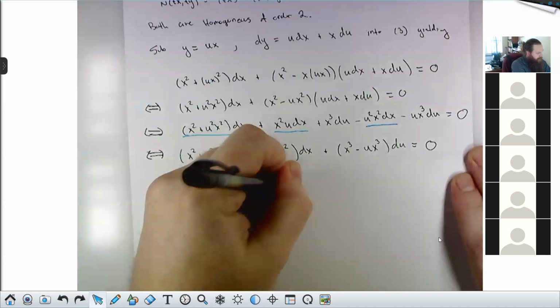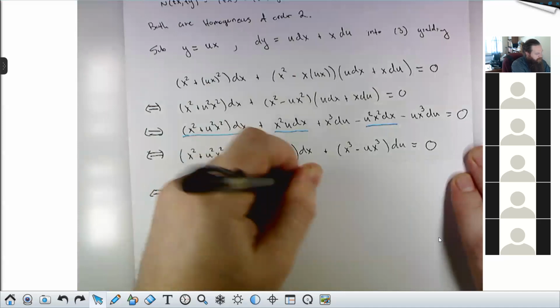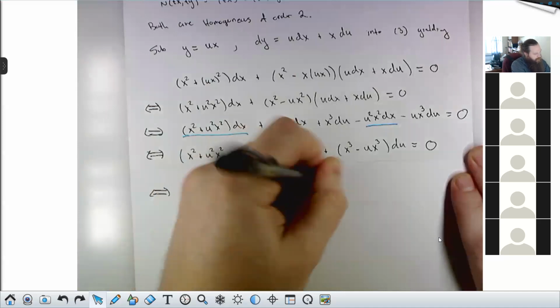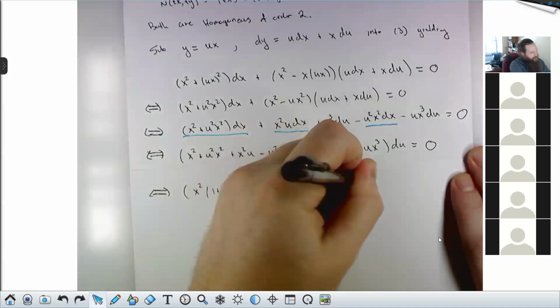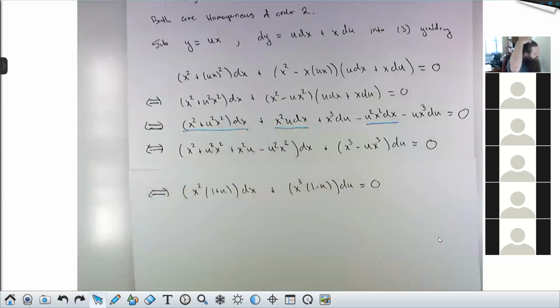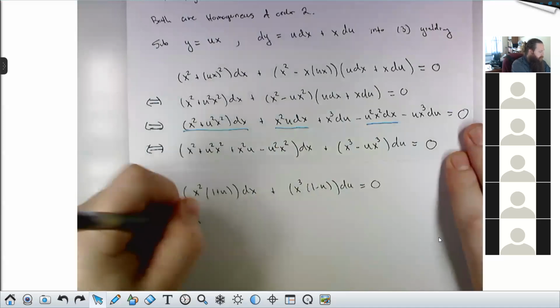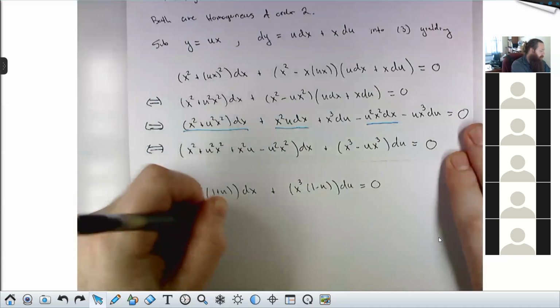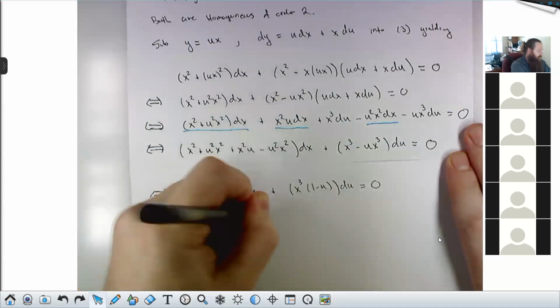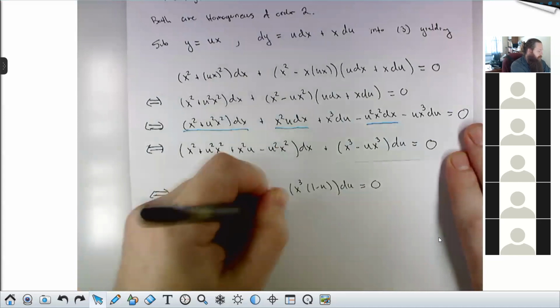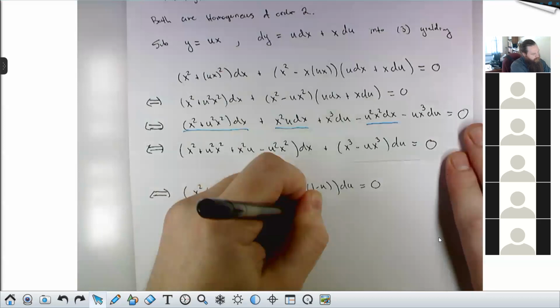That's x cubed times 1 minus u, du equals 0. Which is looking pretty good. The outer parentheses here really aren't necessary. I can write this as x squared times 1 plus u dx plus x cubed times 1 minus u du equals 0.